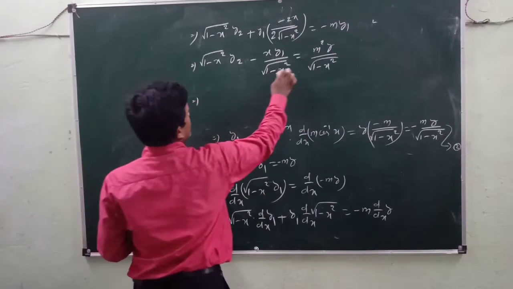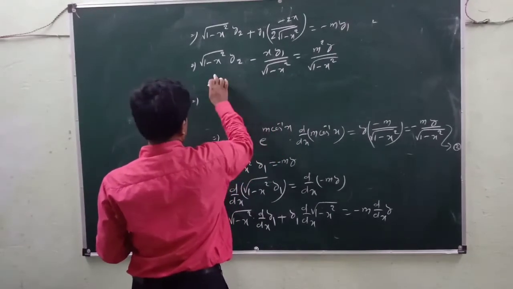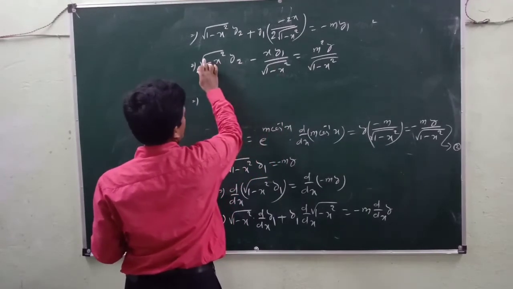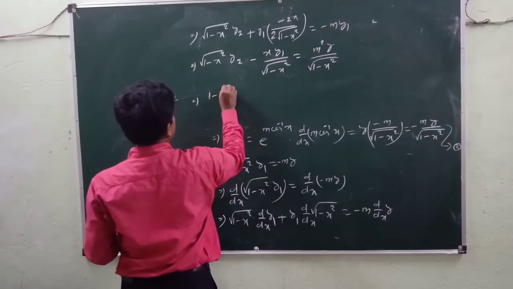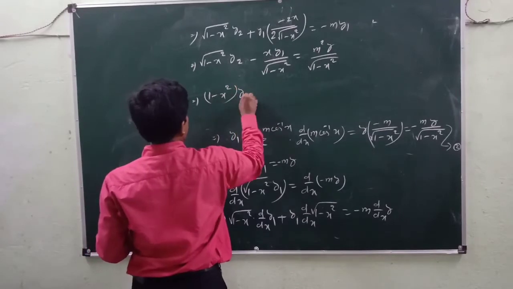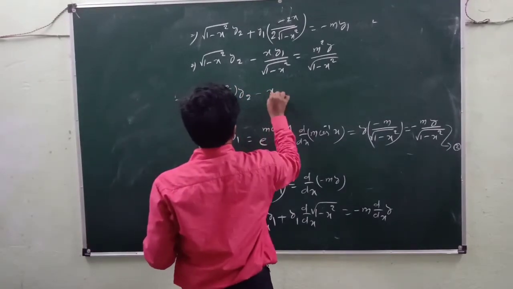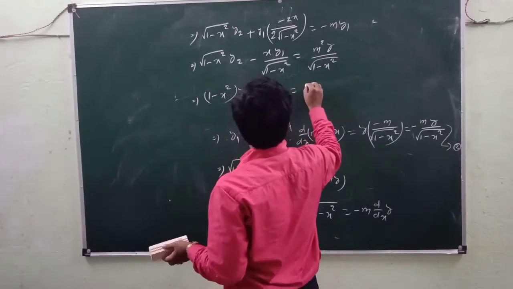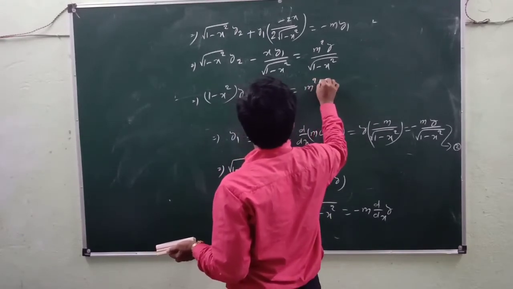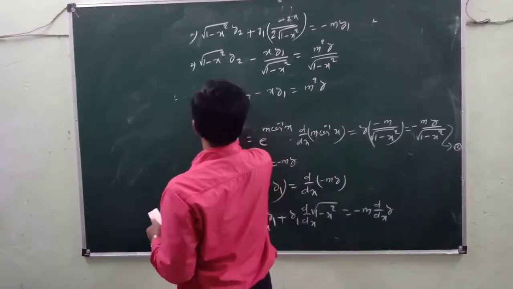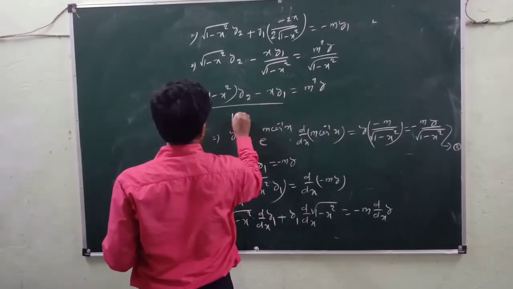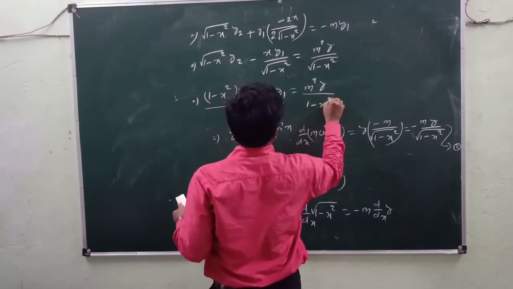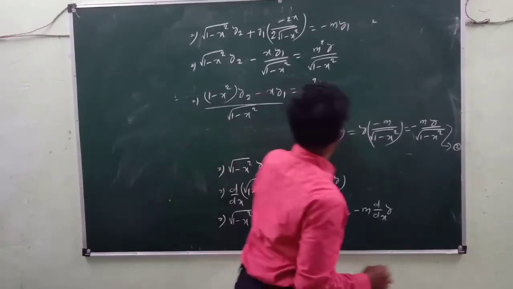Or that implies here, after taking LCM, these two are cancelled, and 1 minus x square root multiplies this term, so it will be (1 minus x square) y2 minus x y1 equal to m square y. Or we may write here LCM equal to (1 minus x square) root 2.